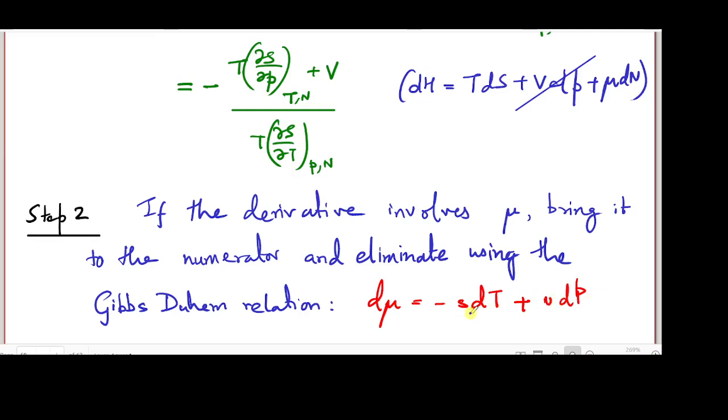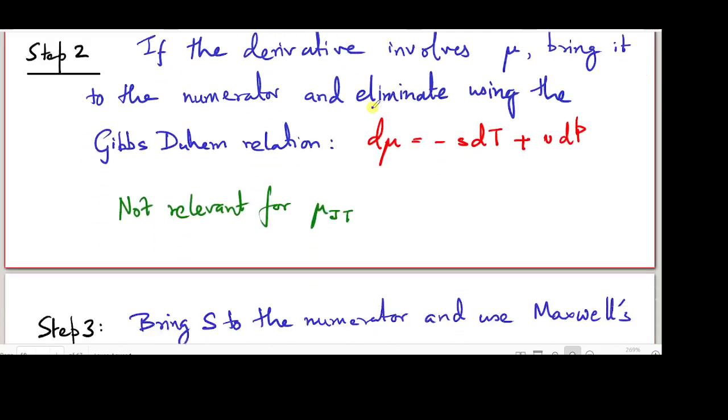These are molar entropies and molar volumes respectively. Now, this particular step is not relevant for us because our derivative at this stage does not contain any mu anywhere. Neither in the numerator nor in the denominator of any partial derivative, nor in what is being held constant. So this is a step we will skip for this particular calculation.